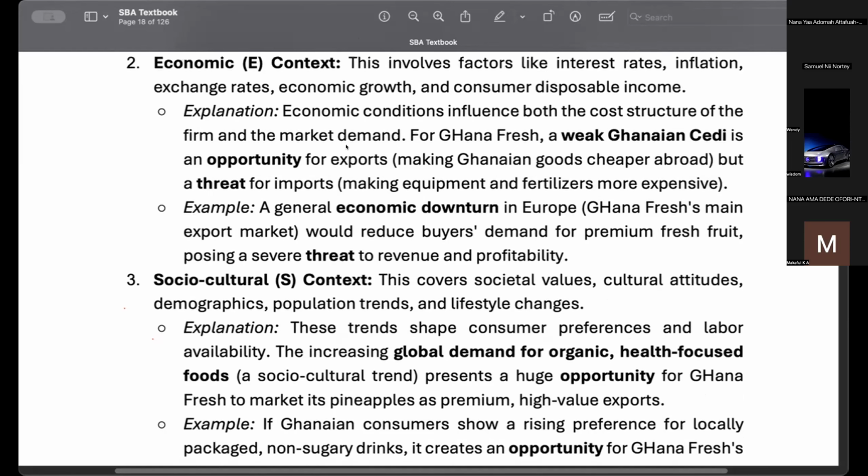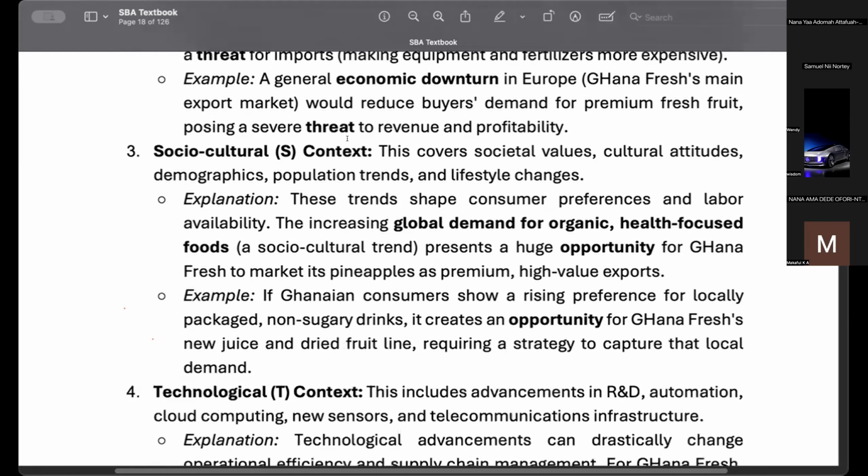In Ghana, Ghanaian consumers show a rising preference for locally packaged or non-sugary drinks. It creates an opportunity for Ghana Fresh to introduce some of their new juice into the country, because they are doing a lot of exports. So you can consider responding to that growing niche group in Ghana.